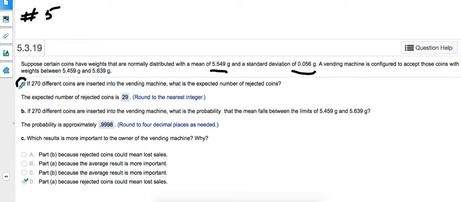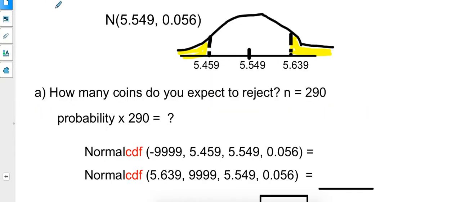And part A says if you input coins one at a time, 270 of them, how many of them do you expect to reject?